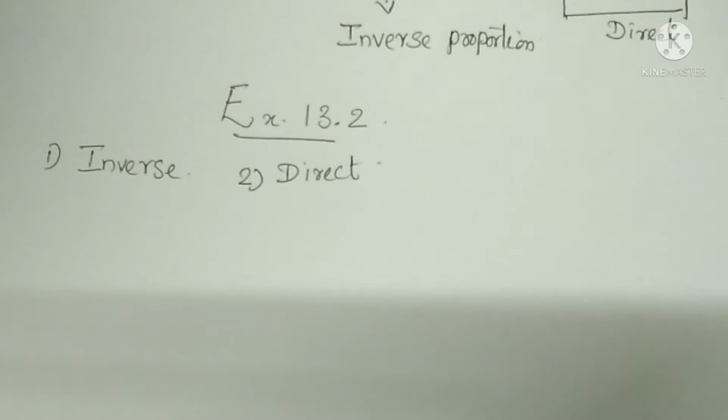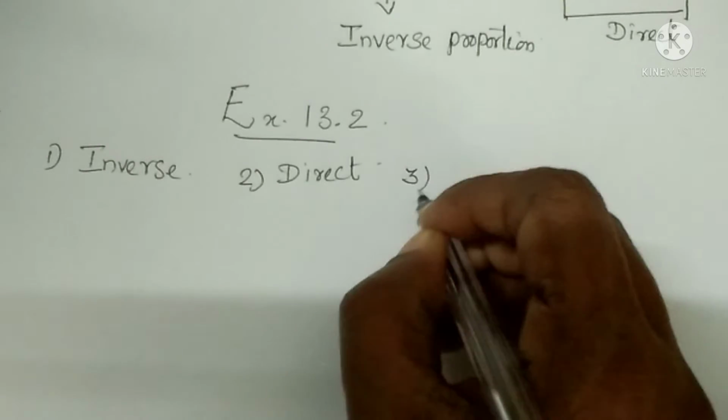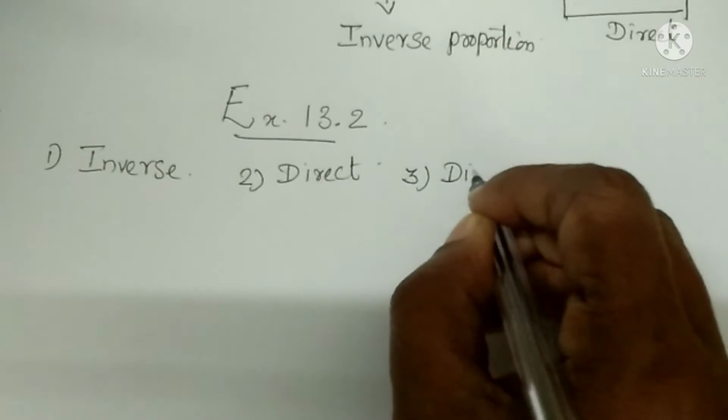But here the condition is considered as uniform. That is, if proper conditions are given, then if you increase the land, the crop harvested also will increase. If you cultivate in more land, it will give you more yield. So it is also direct variation.